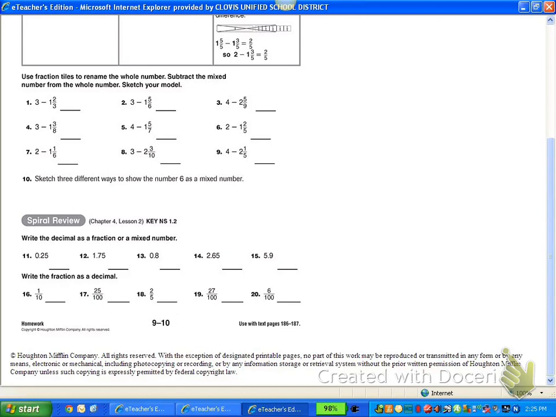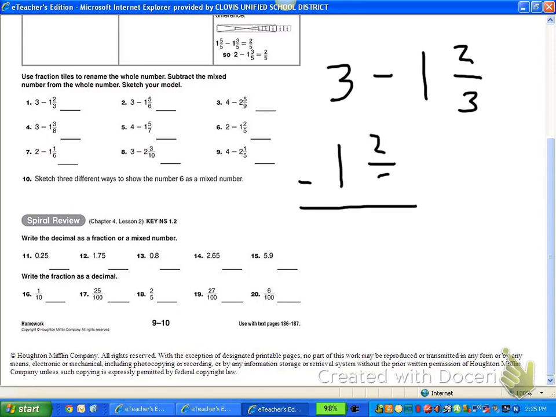So number 1 says 3 minus 1 2/3. Again, I like to have it go vertically. That way I can see the fractions on top of one another.